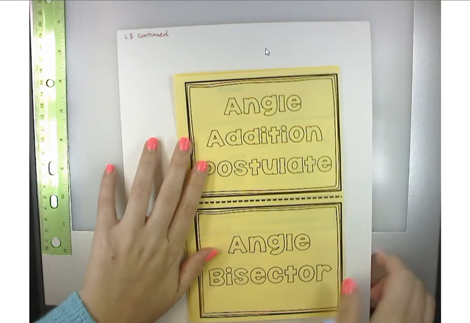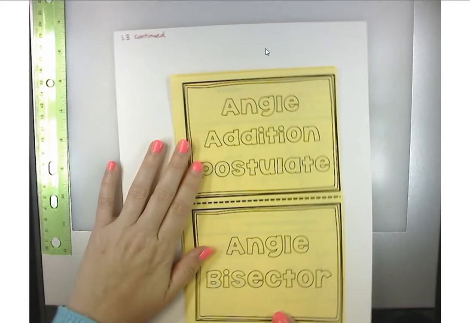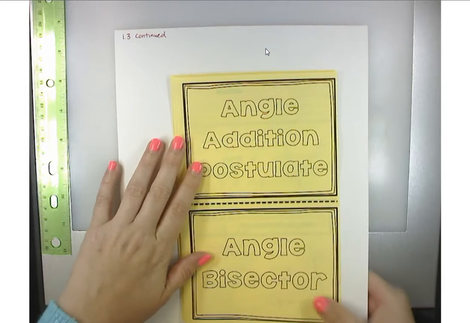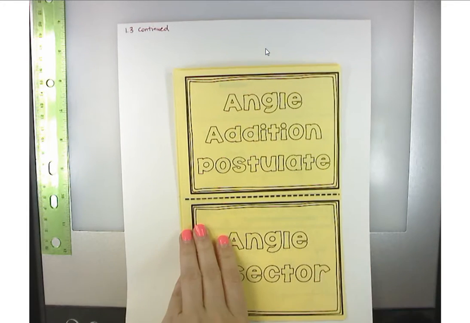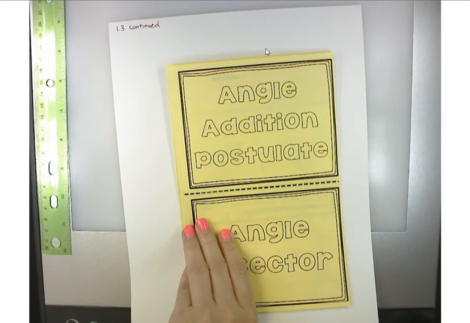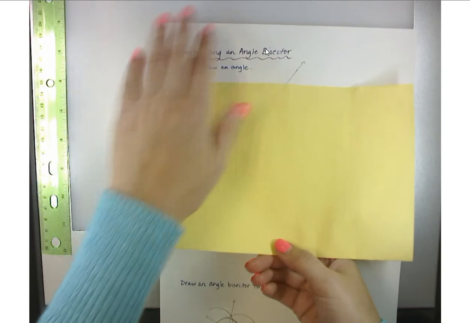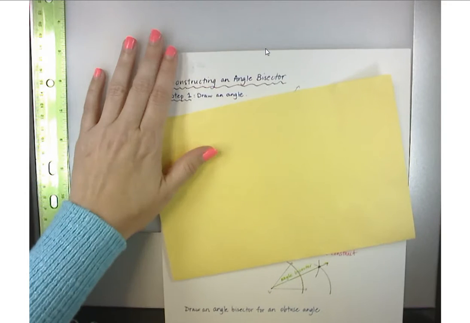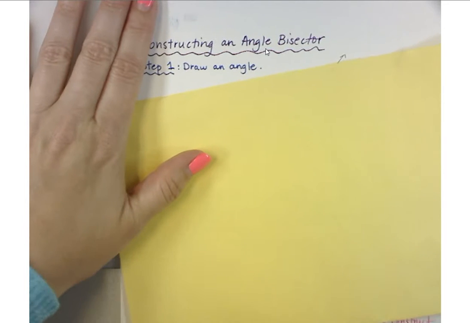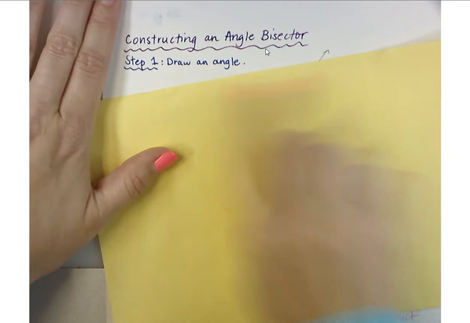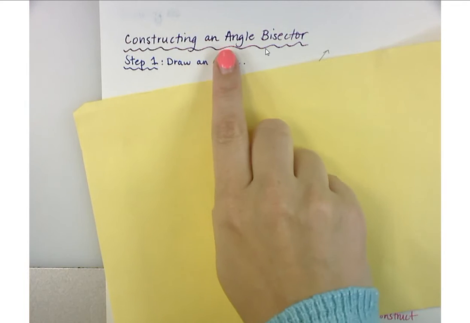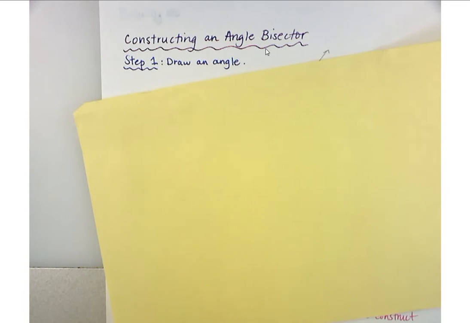And then when you're ready, you're going to flip that page over, and then this is going to go on the back. Okay, so not a new page, you're just going to flip it over, it's going to go right on the back. Okay, and then on the title line for the back page, you're going to call it Constructing an Angle Bisector.